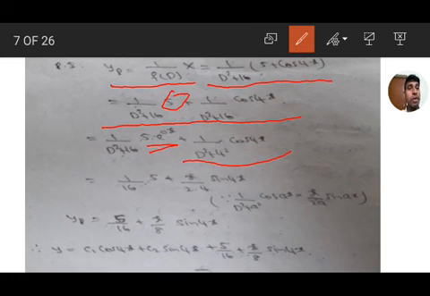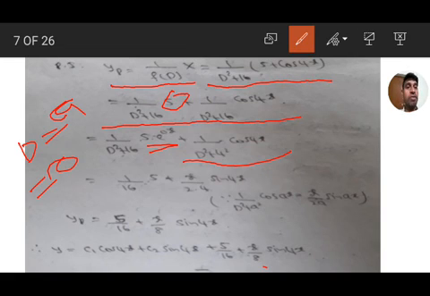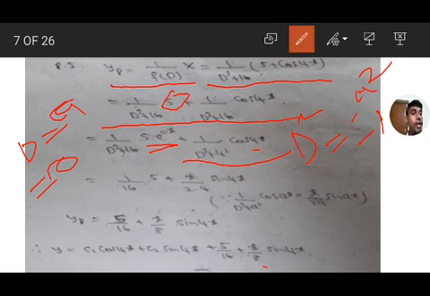For e to the power of 0x, substitute D equal to a, where a is 0. If you substitute 0, we get 1 by (0 square plus 16), that is 1 by 16 into 5. Here for the cos term, D square equal to minus a square. If you substitute D square equal to minus a square, with a equal to 4 that means minus 4 square, minus 16, and minus 16 plus 16 we get 0.